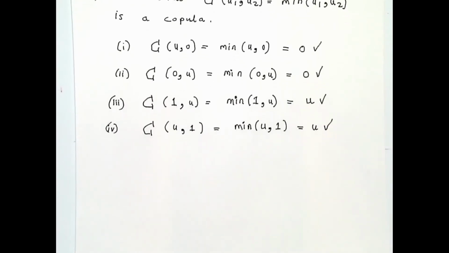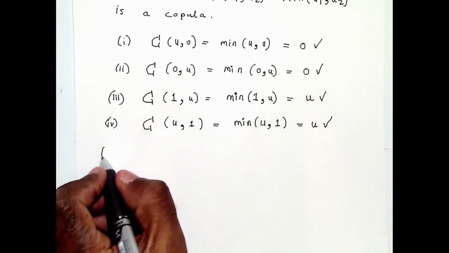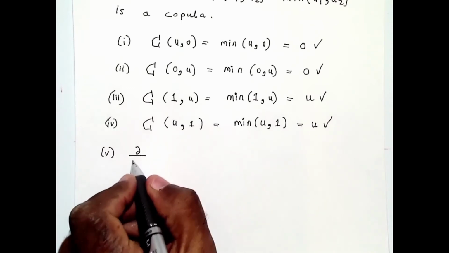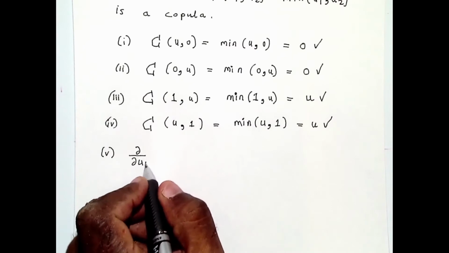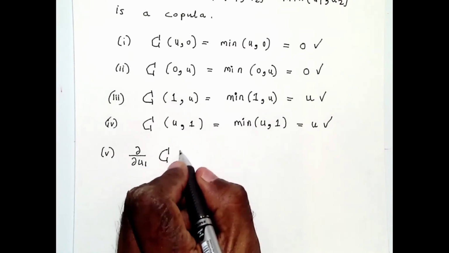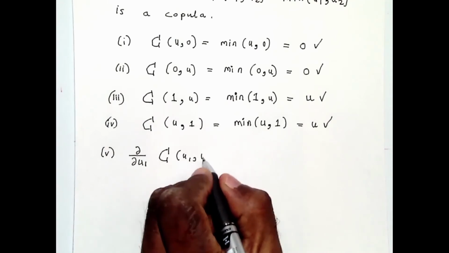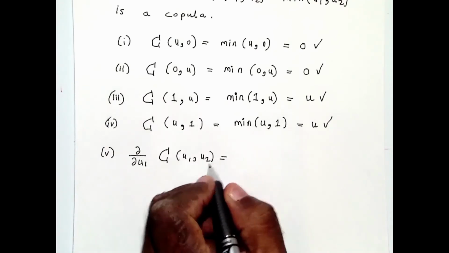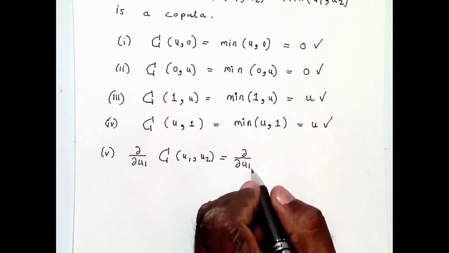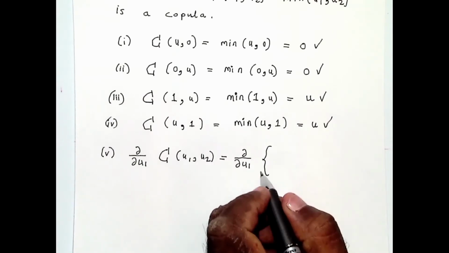And condition 5 is to find the partial derivative with respect to u1 of c, right? And this is the same as the partial derivative with respect to u1 of the following.